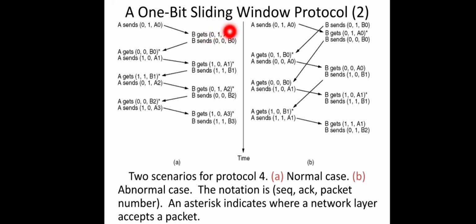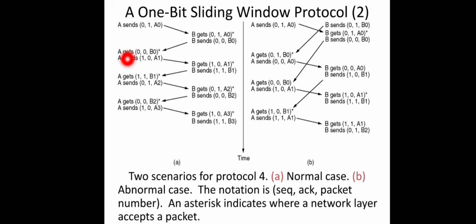After getting this packet, B sends back the next frame from B to A together with the acknowledgement for the received packet. 0 indicates that this is the first frame from B to A, and it piggybacks the acknowledgement for the received frame. The received frame was 0 from A to B, right? 0 is also attached here, and the frame sent is B0, the first frame of B from B to A.